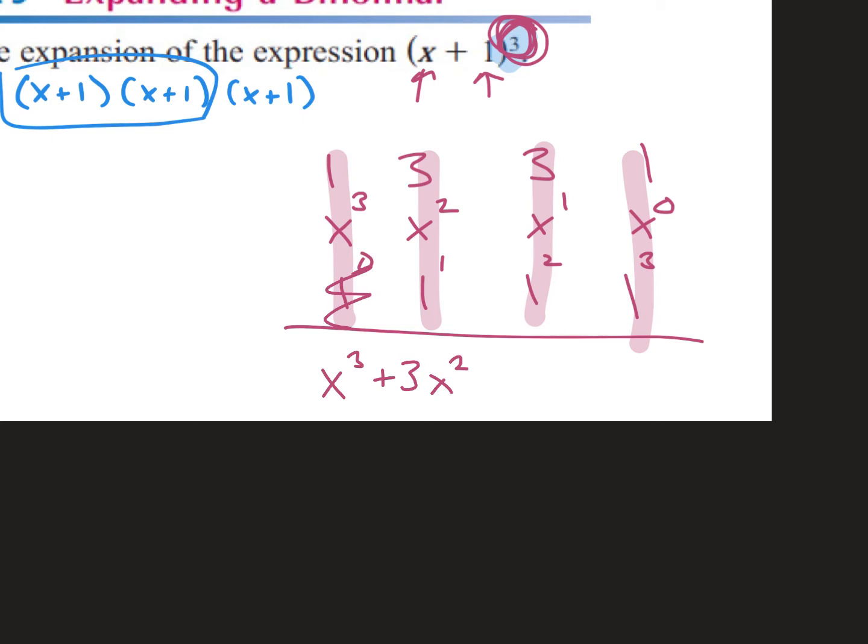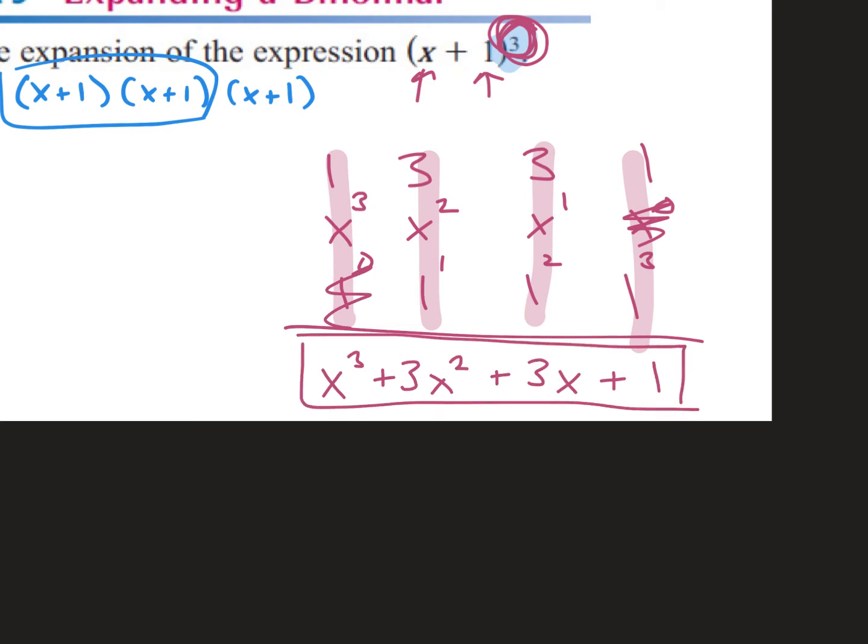And then 3 times x times 1 squared is 3x. What's x to the power of 0? 1. So 1 times 1 times 1 cubed, just 1. And this is our answer. A whole lot less work than foiling it all out, especially when you get to your binomial to the 4th power, to the 5th power.